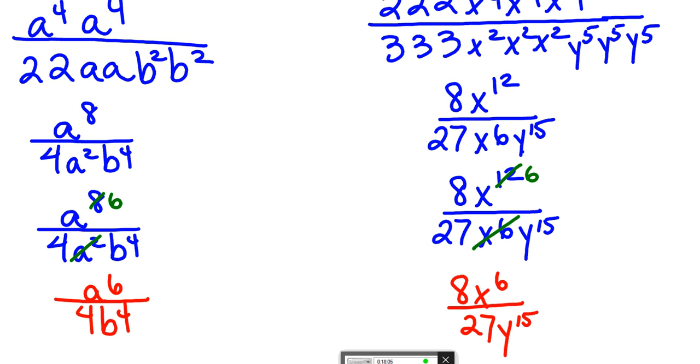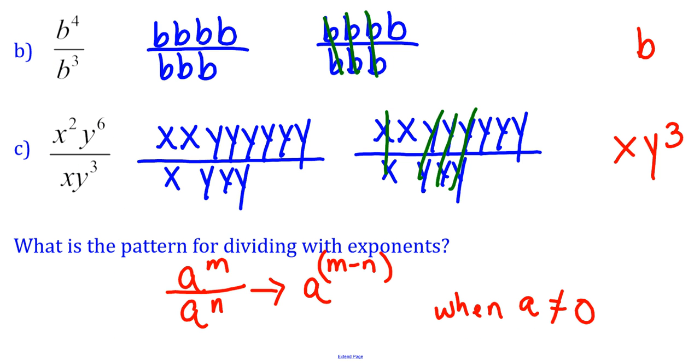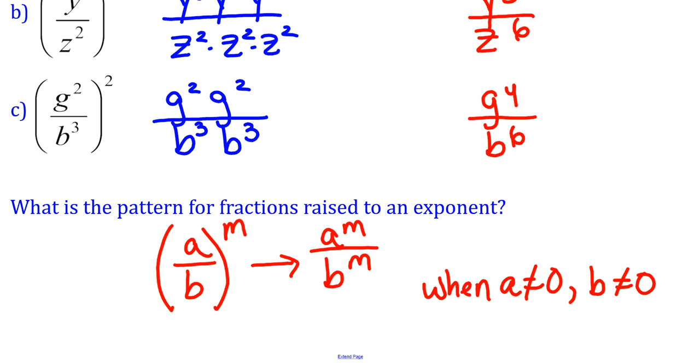So to recap the patterns that we saw today, when dividing exponents, we ended up subtracting the exponents of the same base because we were dividing out those greatest common factors. When you have a fraction raised to an exponent, remember it's still like we talked about before, saying the exponent is how many of the inside that you have.